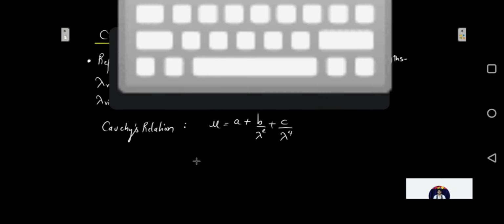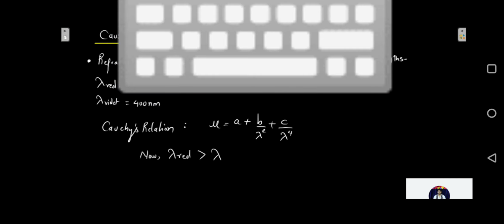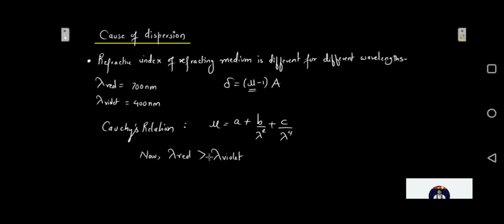Also, for a small angle of prism, we know that delta is equal to mu minus 1, that is, refractive index minus 1, multiplied by the angle of prism A. Now, lambda for red is greater than lambda for violet, and the remaining colors are intermediate, so the maximum is for red and the minimum is for violet.